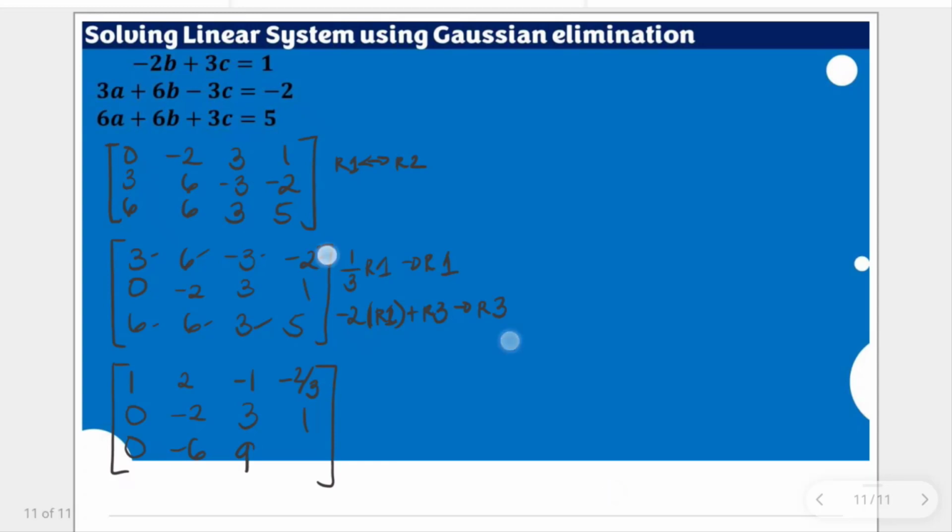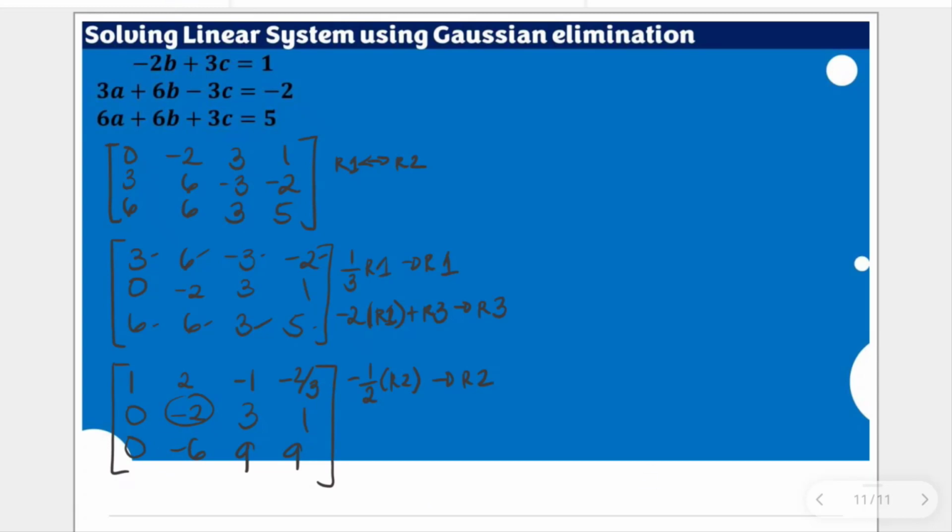And -2 times -2 is +4 plus 5, I have here 9. So in the meantime, we have achieved the 0 entries below the leading 1. Let's make this leading 1 by, as mentioned earlier, multiplying -1/2 to all entries of row 2 to have a new row 2. And just like what happened earlier, let me also make this 0 at the same time.